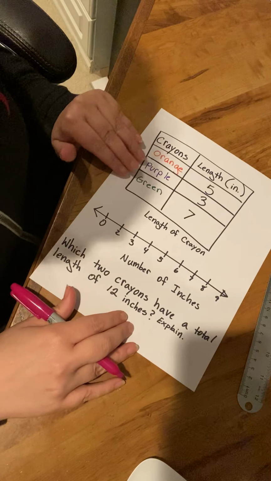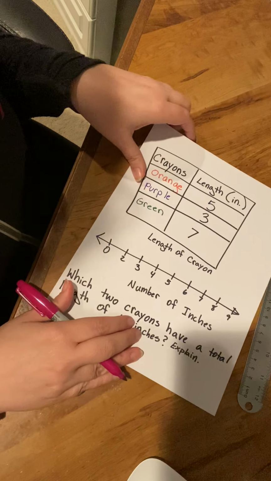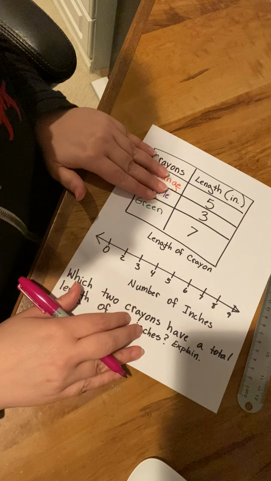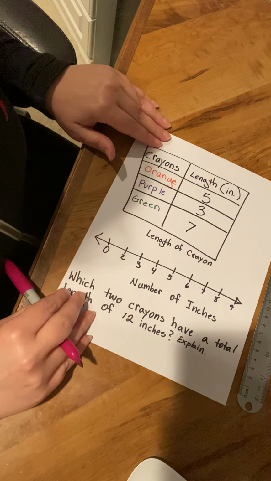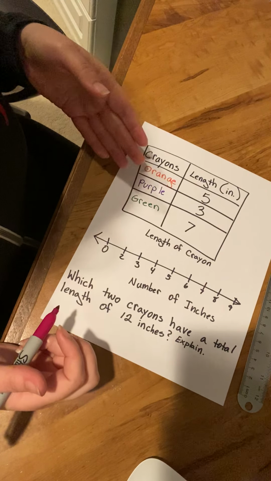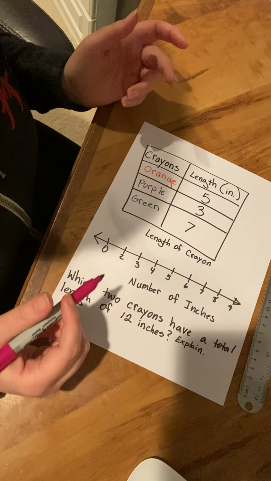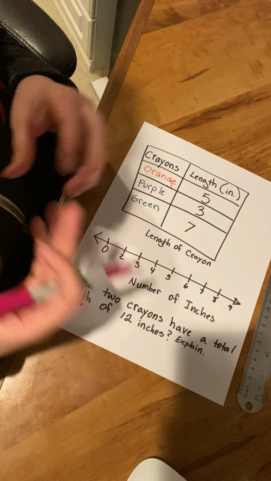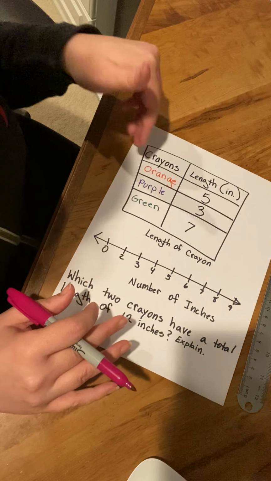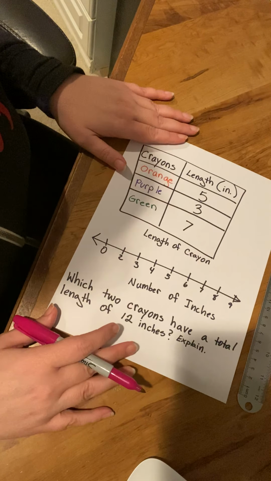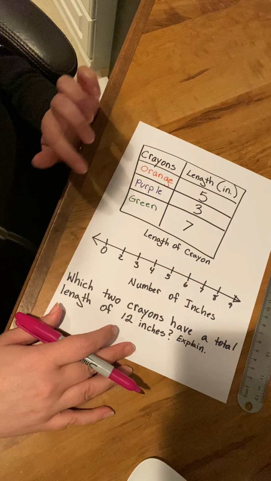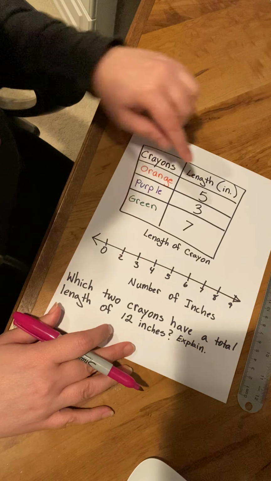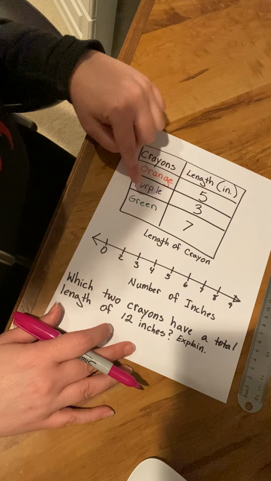So here I have another table. This table has already been filled in for me. Some students had some crayons and they wanted to measure them. We know after we use our crayons, they don't always match up. They're not all the same length. So these were measured, and here are the measurements for these crayons. The orange was 5 inches.